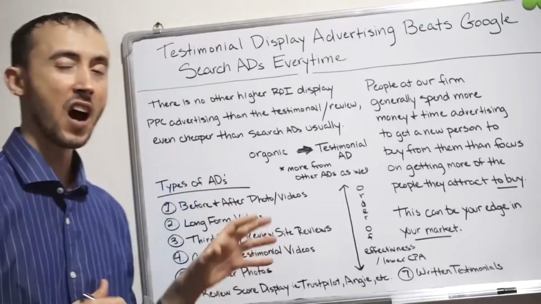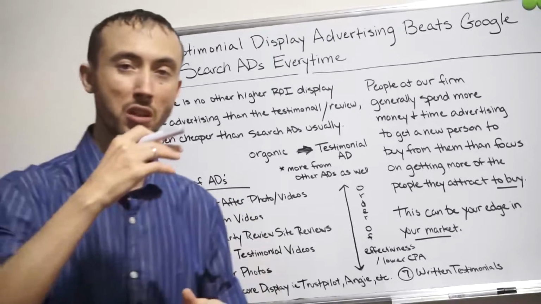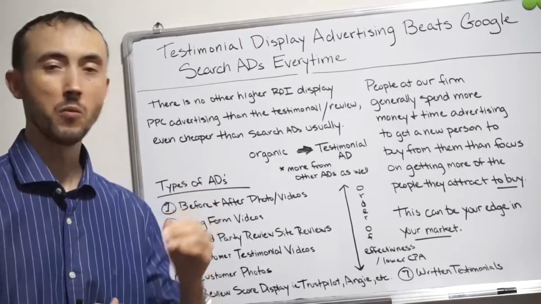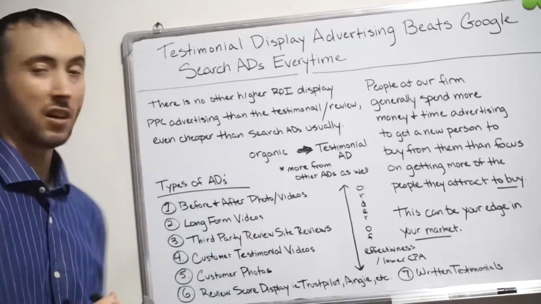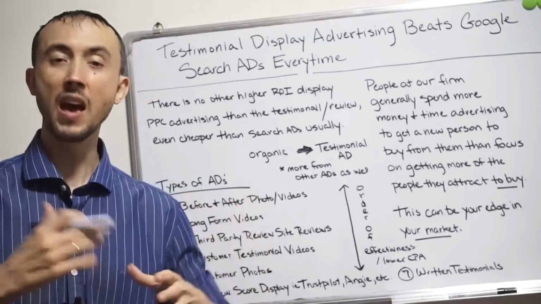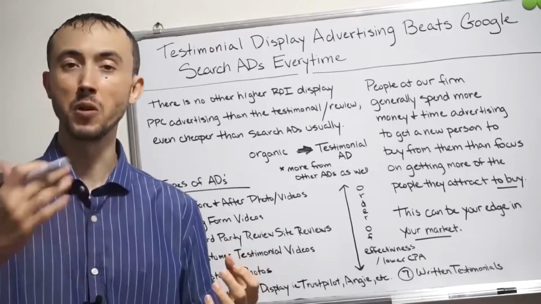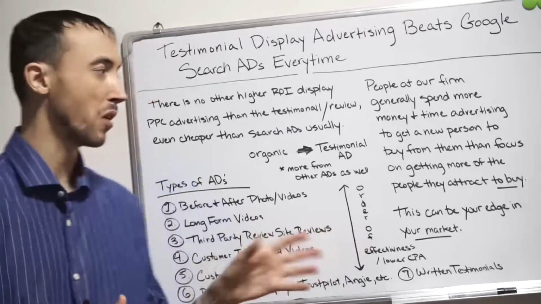And so there's kind of a hierarchy of the types of reviews you can do in terms of which ones will get you the most sales at the lowest cost per sale, and which ones will get you some sales but at a higher cost per sale in terms of what you need to pay to get somebody who sees an ad to get a sale off of that, in the general testimonial/review space, which I'm going to talk about.